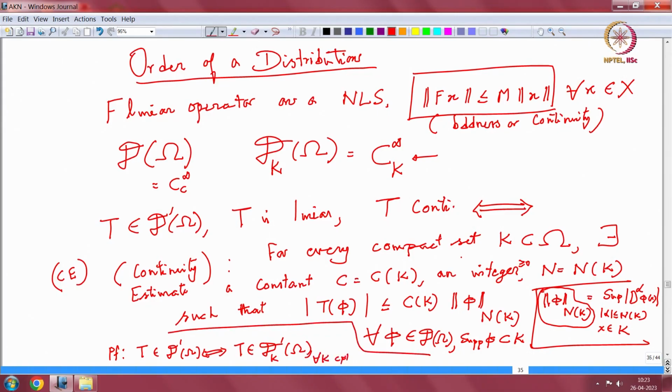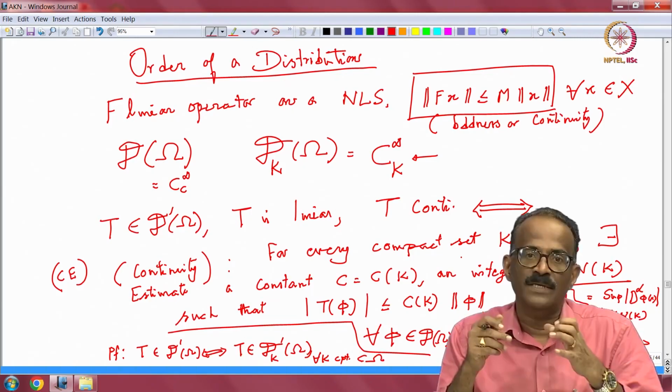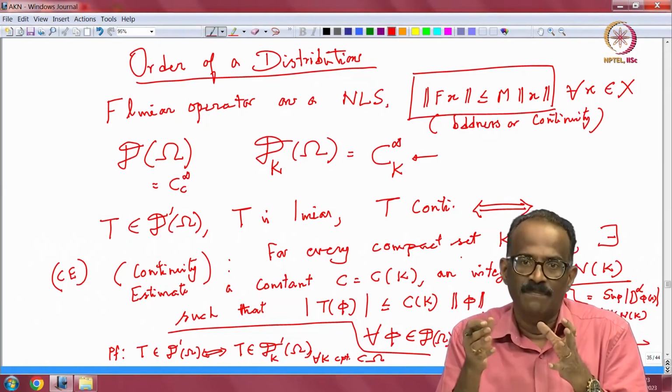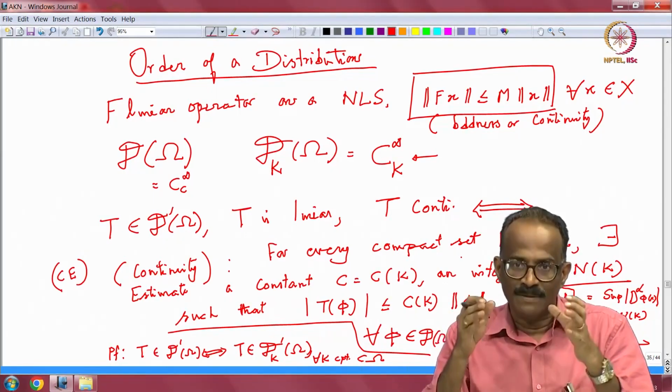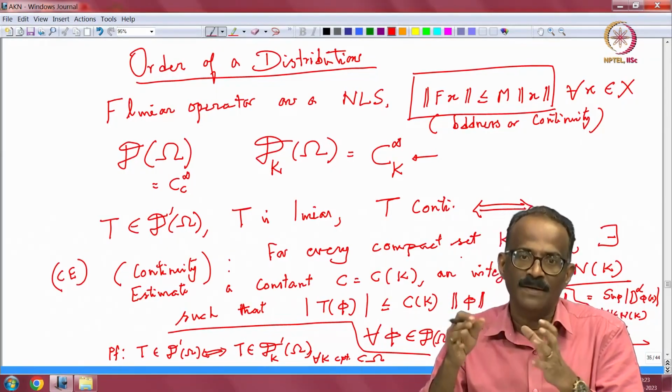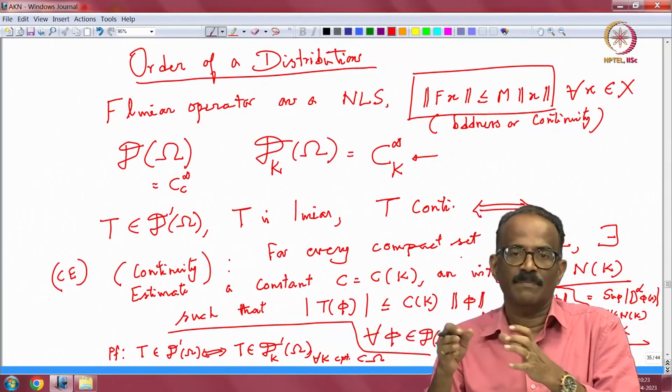So, the D prime topology, as I said, comes from T in D_K prime, and you use the continuity of T on D_K. That is given by the seminorms, and that boundedness comes exactly from the topology given by D_K.